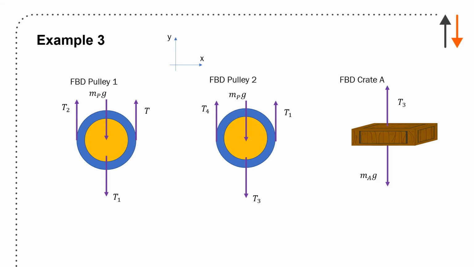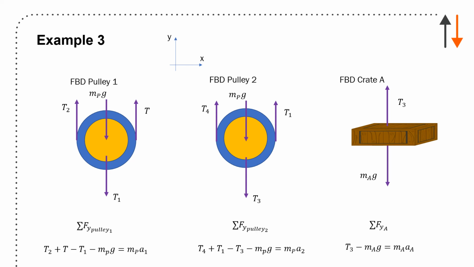And finally, I have the free body diagram of crate A, which is going to be T3 and MAG. So I have the 2 tension forces on either side, I have the weight force acting downward, and I have the common tension force between the first body and the second one, so between 1 and 2, and 2 and A.